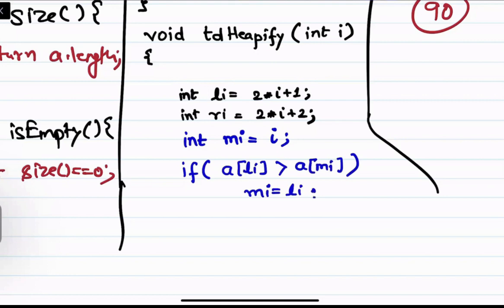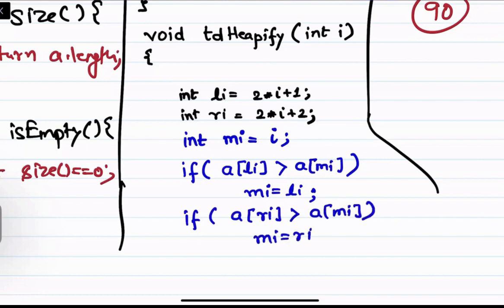I'm saying if left value is greater than current max, we assumed I to be the max. Same way, if A of Ri is further greater than A of Mi, then of course Mi has to be Ri. All I'm doing in these two conditions is trying to figure out whether Mi is Li or Ri or I. Is that fair?